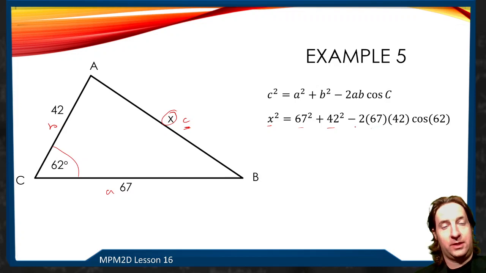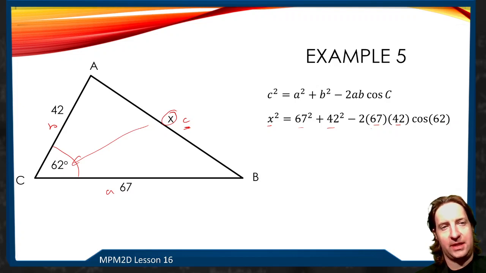And then subtract 2 times 67 times 42 times the cosine of the angle opposite my unknown. My unknown is x, the angle opposite that is 62. So the cosine is 62. Be very careful when you're doing this, that we substitute in appropriately.